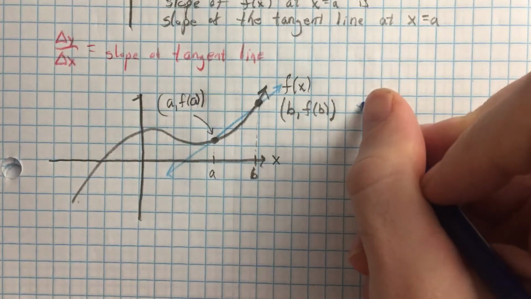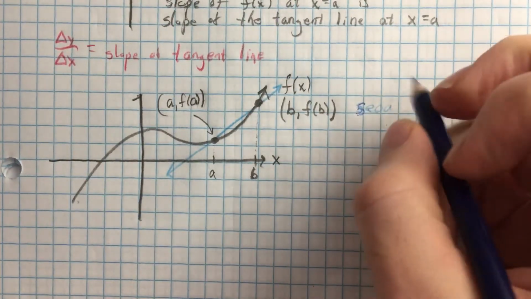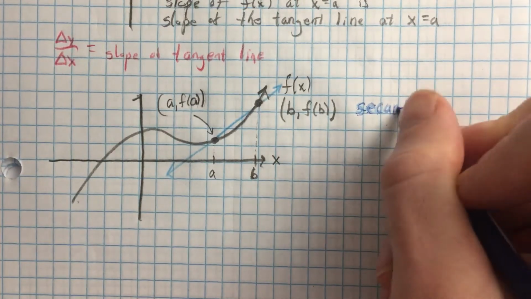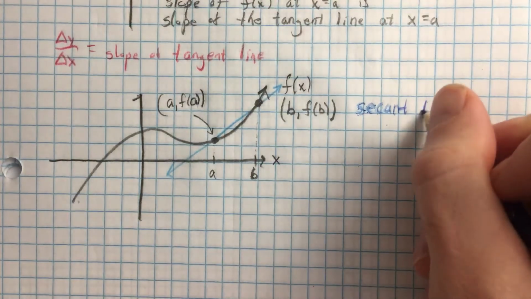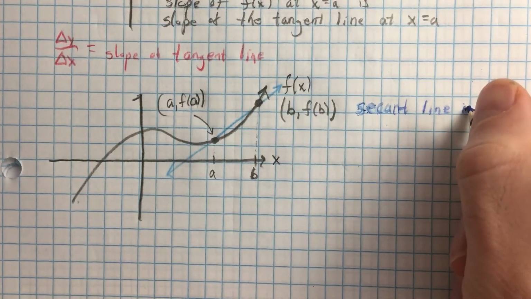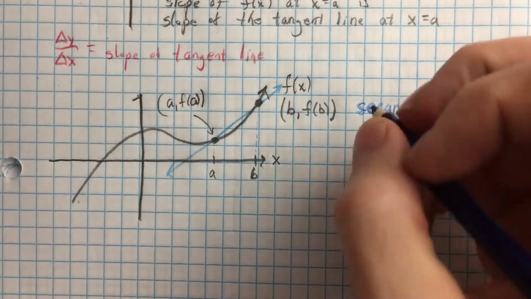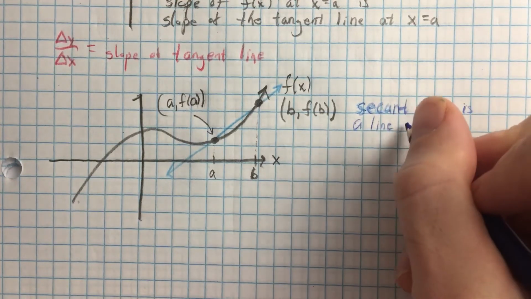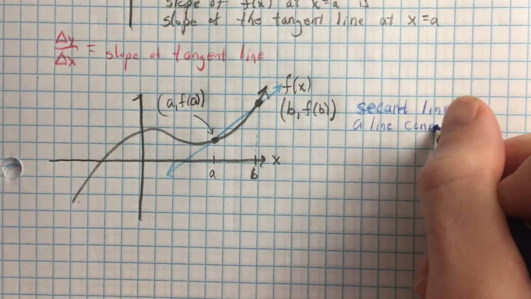A secant line is a line connecting two points on a curve.